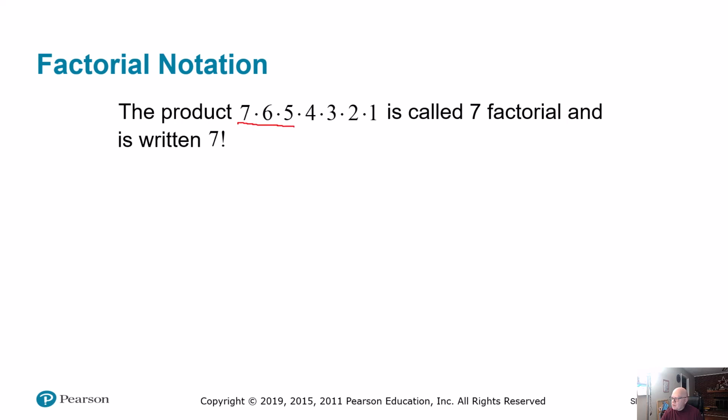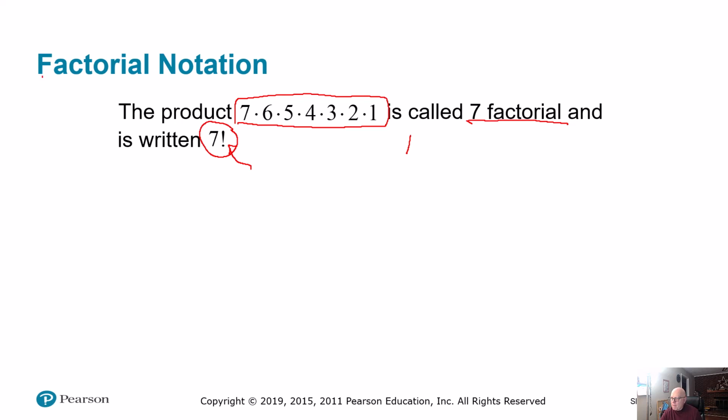This 7 times 6 times 5 times 4 times 3 times 2 times 1 is called 7 factorial. And we've got a special way to write it: 7 with an exclamation point after it. The exclamation point means we've got a factorial that we're going to calculate. That means we're going to start with 7, then the next one down until we end up with a 1 here at the end. And we'll multiply all those factors together.